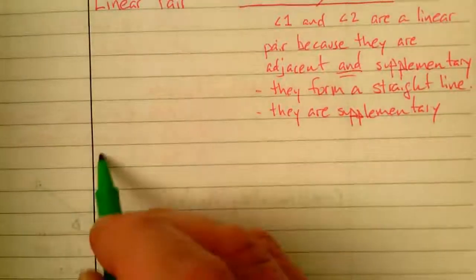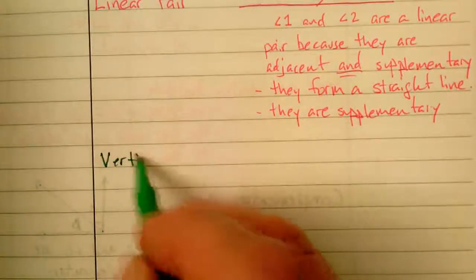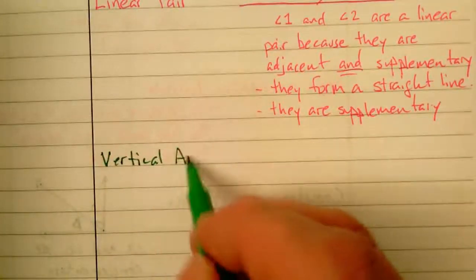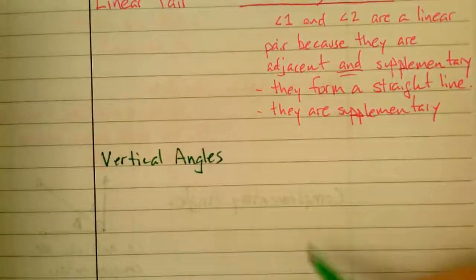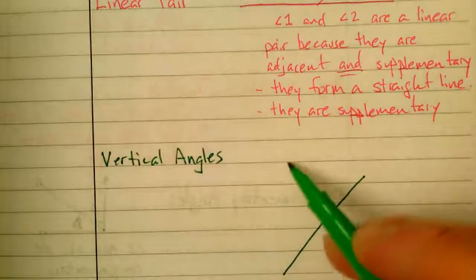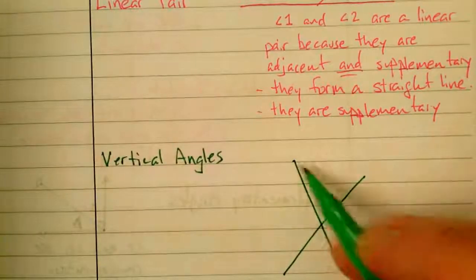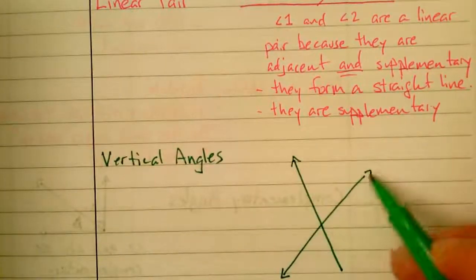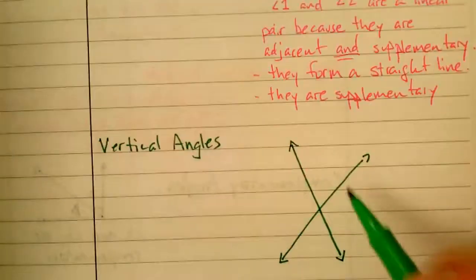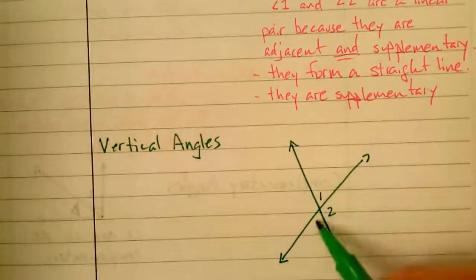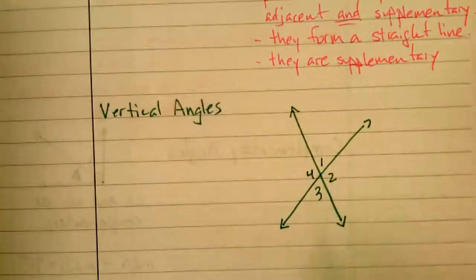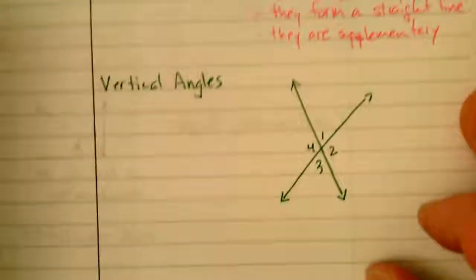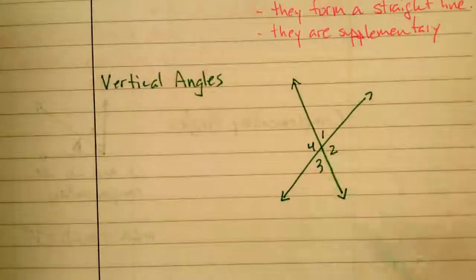Okay, last we're going to look at vertical angles. For example, here, if we have like 1, 2, 3, 4. Let's see, here's where it's convenient to number the angles instead of writing like A, B, C, C, B, D, and so on.